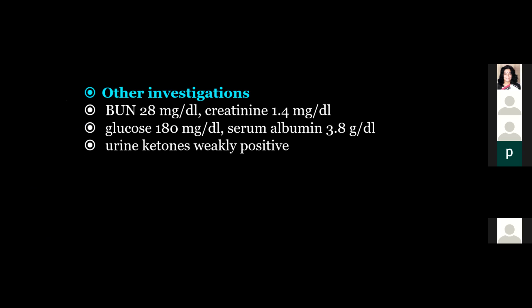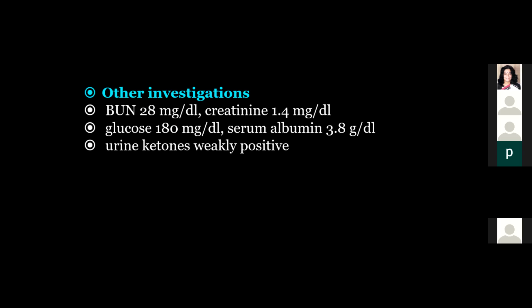So your typical DKA has a glucose more than 200 and ketones that are strongly positive, though you may sometimes get a weakly positive ketones because the test you do for ketones, nitroprusside test, detects acetoacetic acid and acetone and does not detect beta hydroxybutyric acid, which would be the main keto acid excreted in the decompensated state or in the acute DKA state.